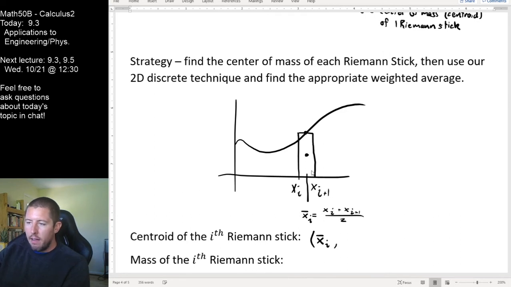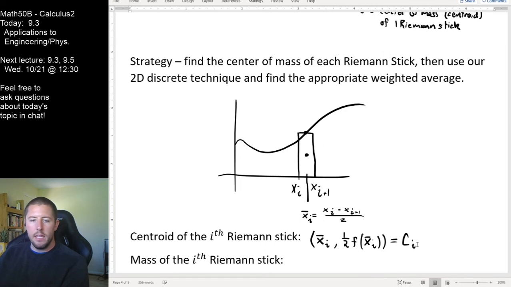What is the height of the centroid? Well, the height of the whole thing is f of x bar sub i, right? But I only want to keep half that height, just like we only kept half the width right here. So this should be half of the output that you get from plugging in x bar sub i. So we'll call this location c sub i.